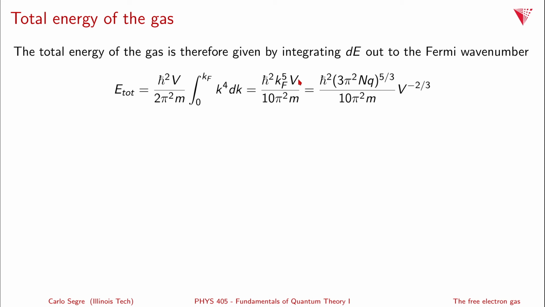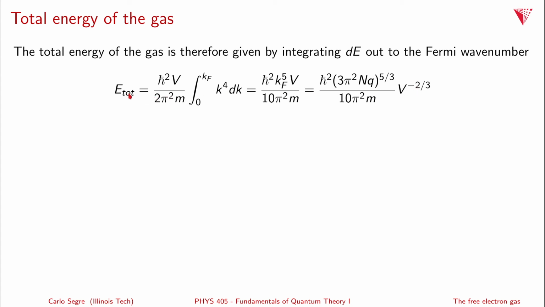If we now replace k sub F to the fifth with its actual expression, which depends on rho, which was n q over V, we get h bar squared times the quantity 3 pi squared n q to the 5/3, divided by 10 pi squared m, times V to the minus 2/3.